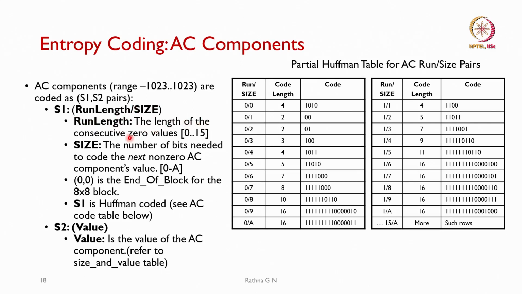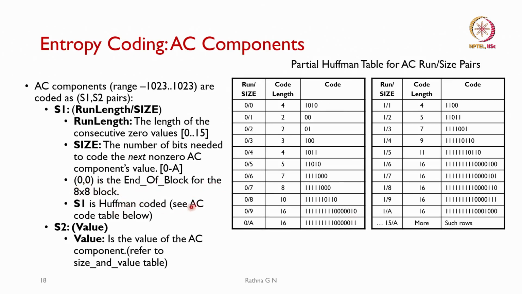It is the length of consecutive 0 values, 0 to 15. You will see that a lot of them have zeros, so you take the run length and code it. The last value will be 0,0, the end of block for the 8 by 8 block.